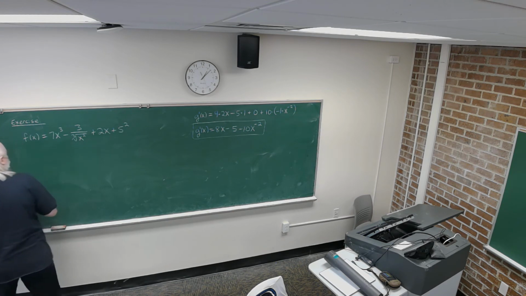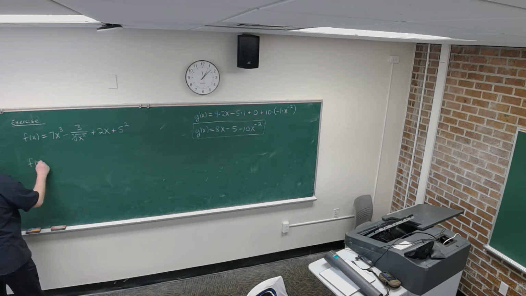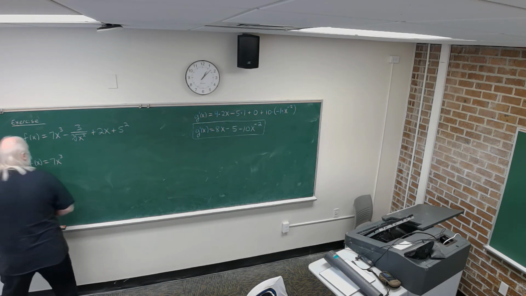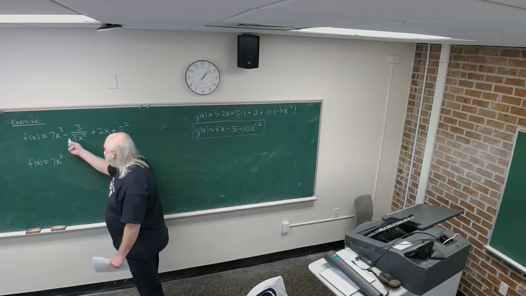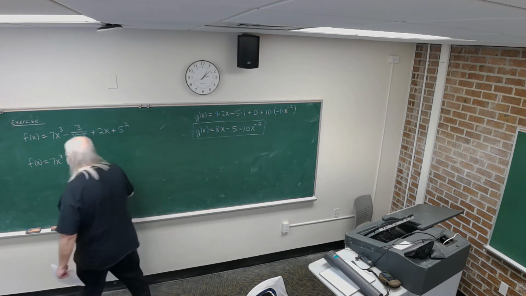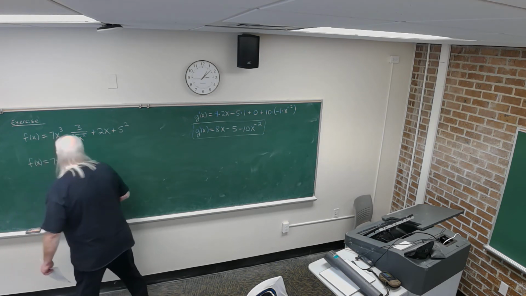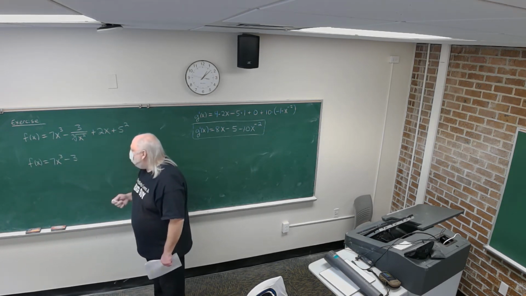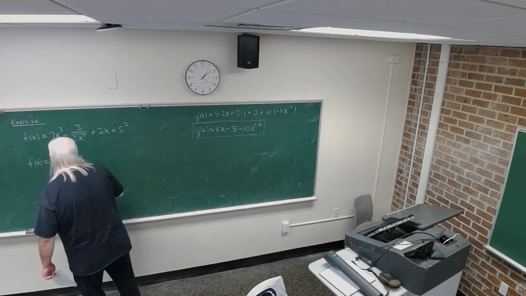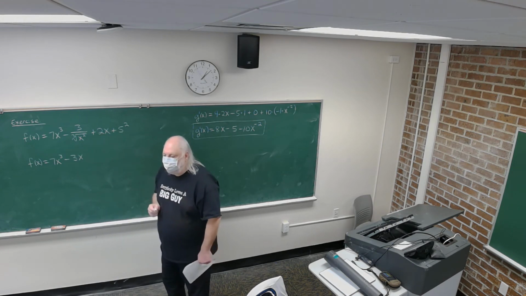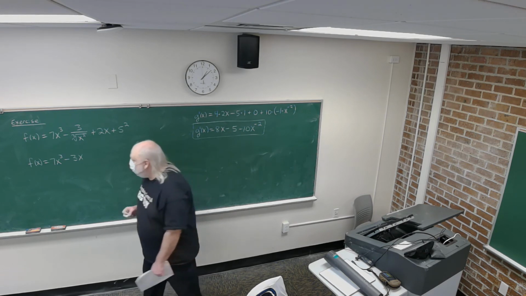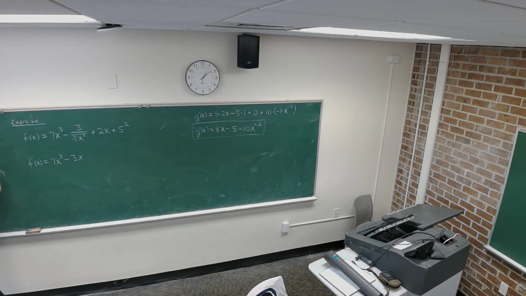So f of x, 7x cubed, we know how to differentiate that. But now we have minus 3 over the cube root of x squared, right? How do we write 1 over the cube root of x squared? That's x raised to what power? It's negative 2/3, right? So let's do this step.